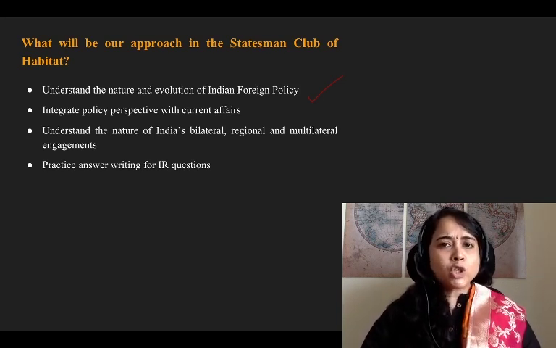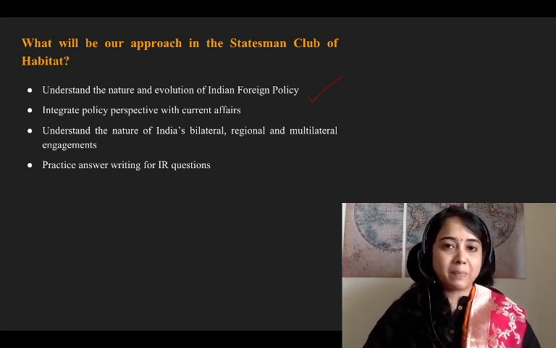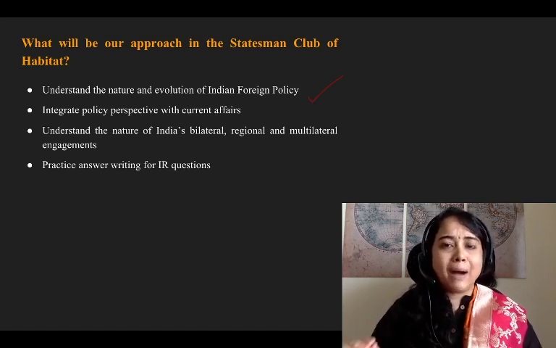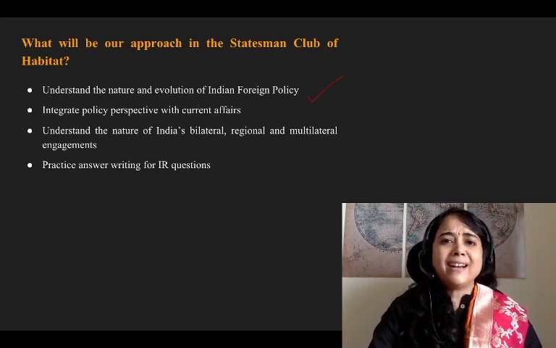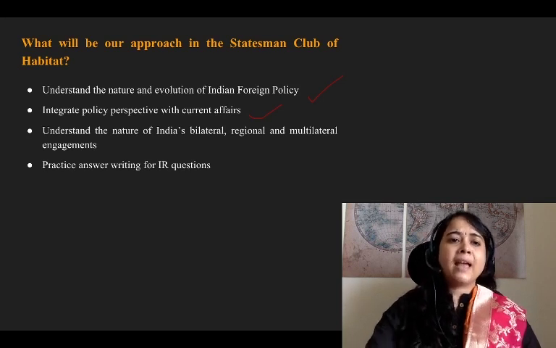Then what should be one of the things in his agenda? It would be enhancing India's energy security. Once you are able to identify this kind of a macro perspective in India's foreign policy, you will not need to memorize each and every minor fact. Therefore, it is important for us to integrate the policy perspective with the current affairs.